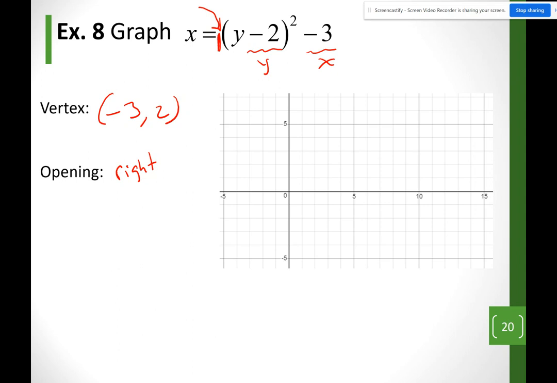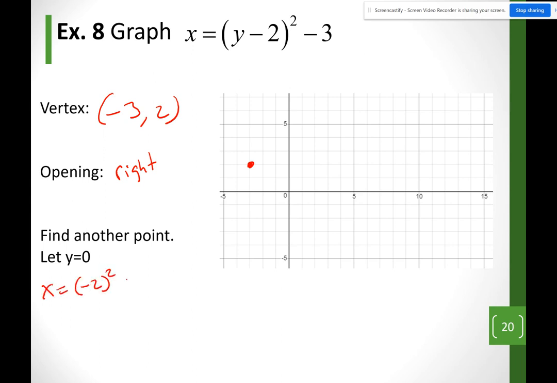So I know the vertex is -3, 2, and it opens to the right. Let's find another point. Let y equal 0. I'm going to use my function: x equals (0 - 2) squared minus 3, which is (-2) squared minus 3, since y equals 0.